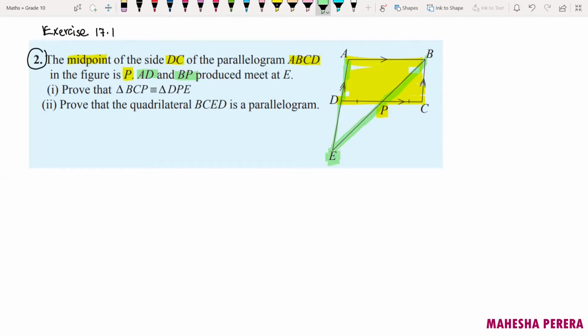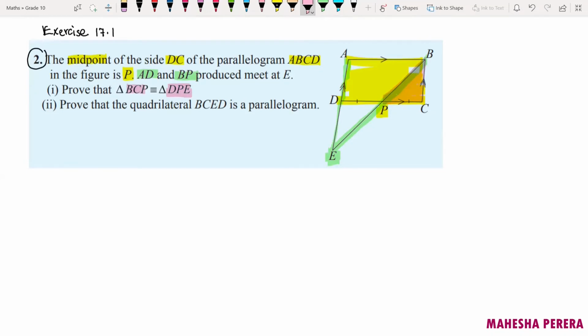Okay. Now first we need to prove that triangle BCP is congruent to triangle DPE. Where is triangle BCP? BCP triangle is here, right?